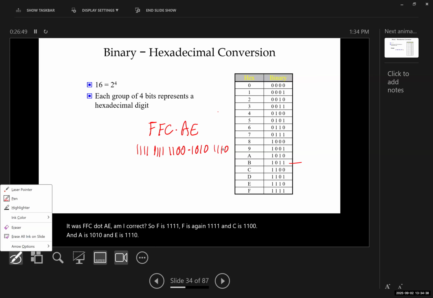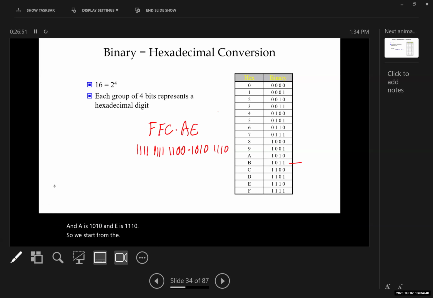So we start from the fraction point and put them in groups of 3. So this is going to be these 3, these 3, these 3, and these 3, and we have these 2 left.